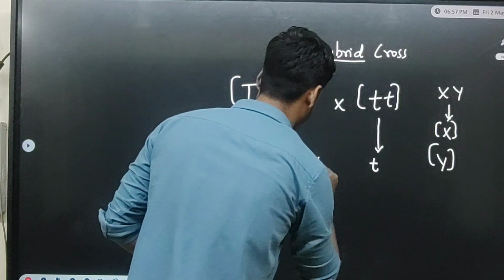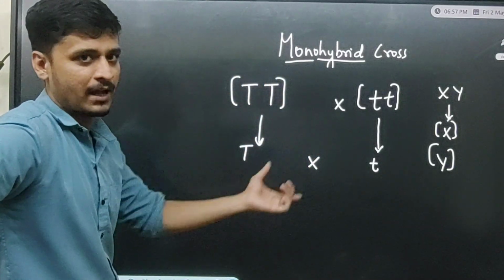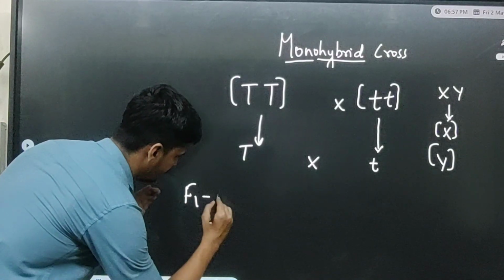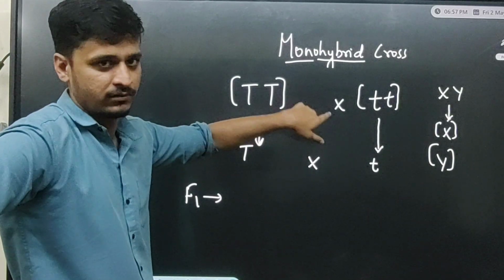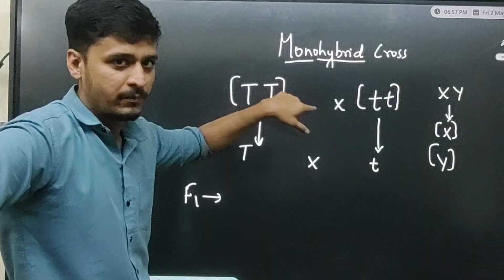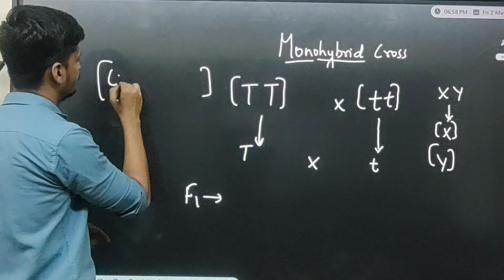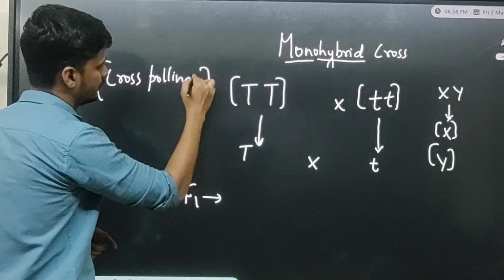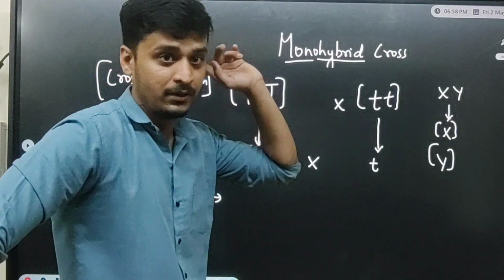So after gamete formation, they hybridize this type of gametes, right? And in the F1 generation, F1 is filial one generation, and this type of pollination, the first cross in a monohybrid cross, is known as cross pollination, and this cross pollination is by artificial method, and that method was emasculation.